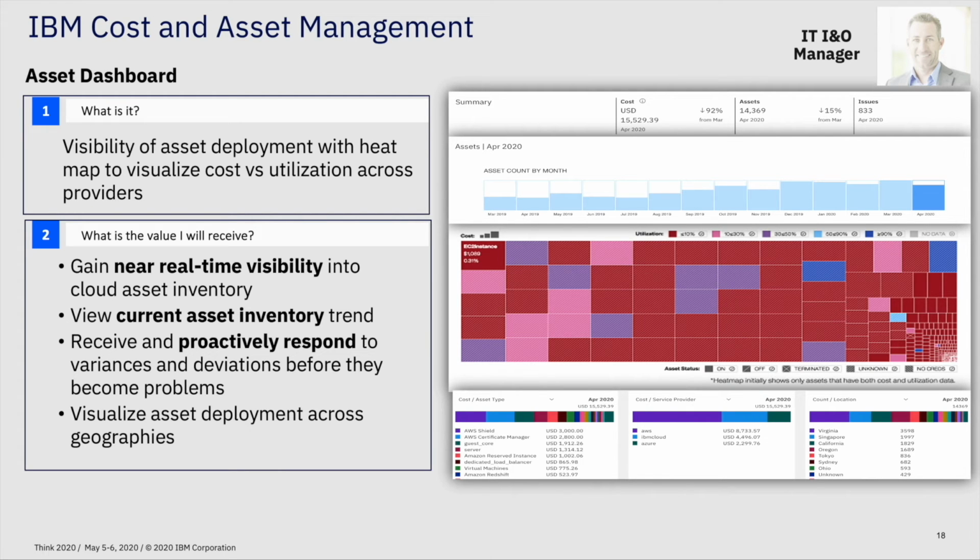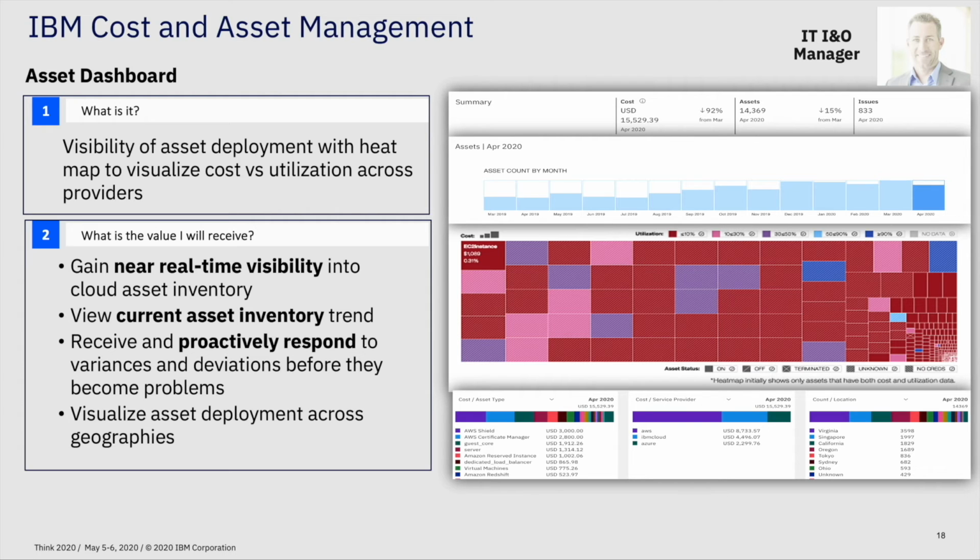The asset dashboard provides visibility to the asset itself or specifically to the web services that are being used within the public cloud providers. A very concise and very visually effective heat map is also visualizing cost versus utilization of the assets across the providers.